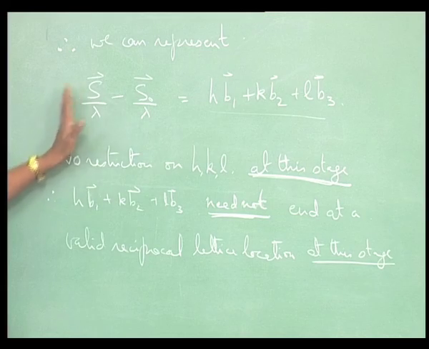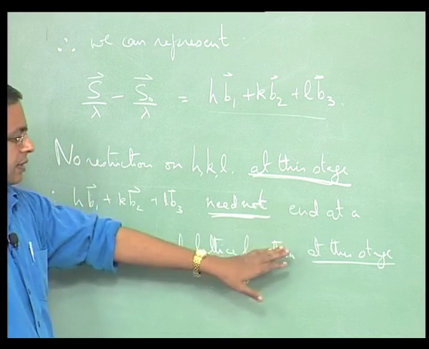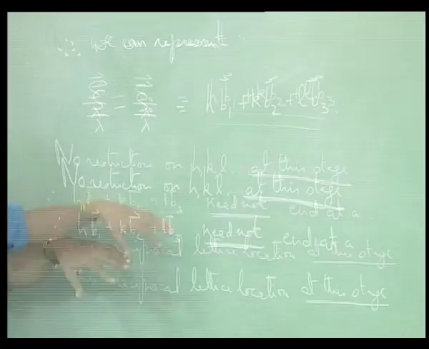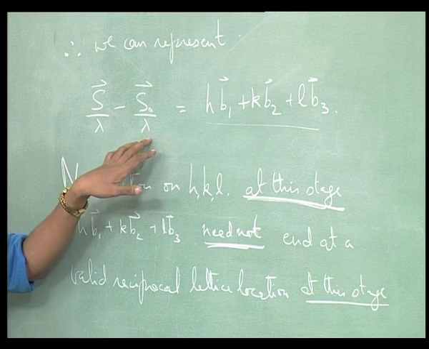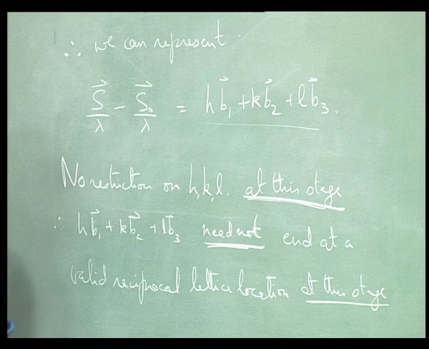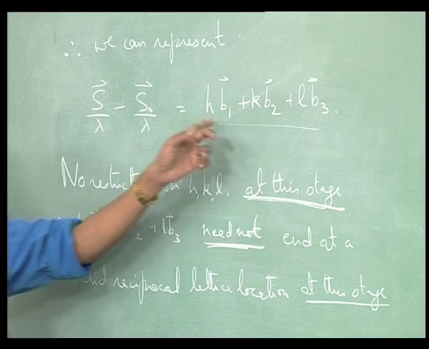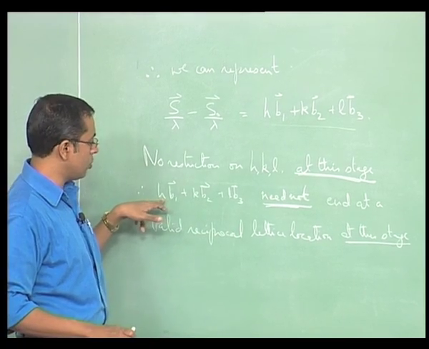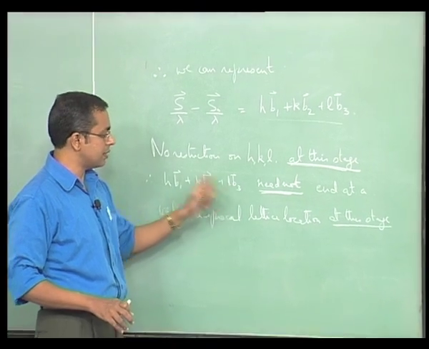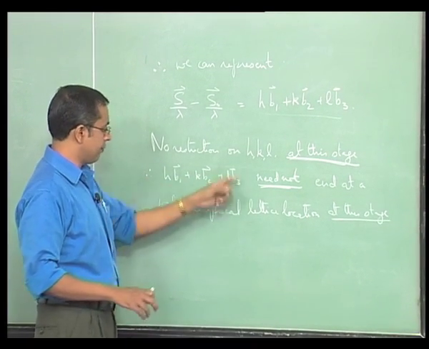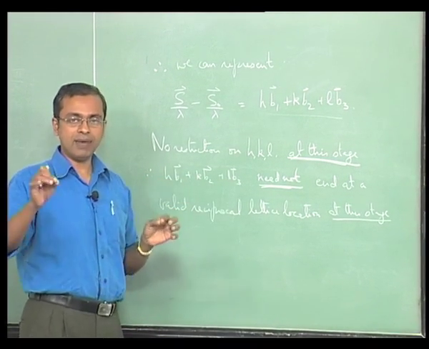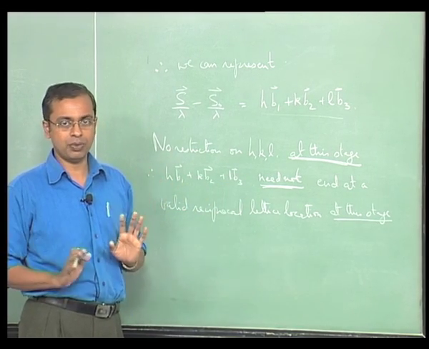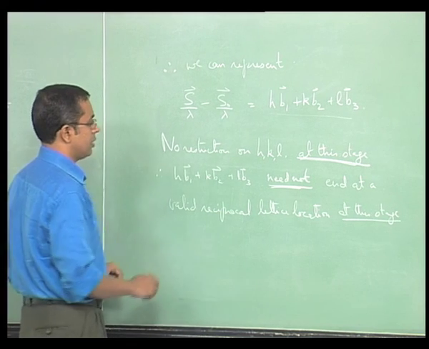At this stage in our derivation, we have not placed any other restrictions on the system. So therefore this difference, even though it has all the dimensions of being in reciprocal space and therefore can be written this way, these H, K and L need not be integers, and therefore this sum here, which is now a vector, need not end at a valid reciprocal lattice point. It could end up in some open location where there is no valid reciprocal lattice point, okay. So that is the important thing.